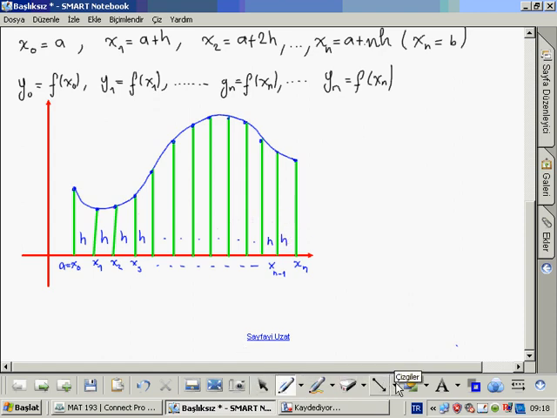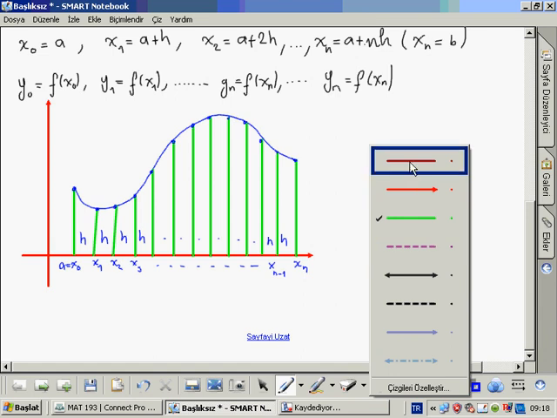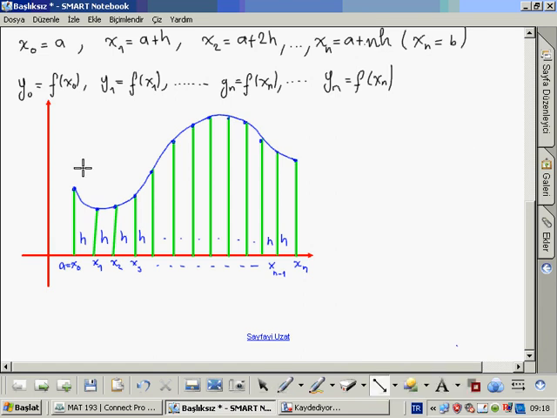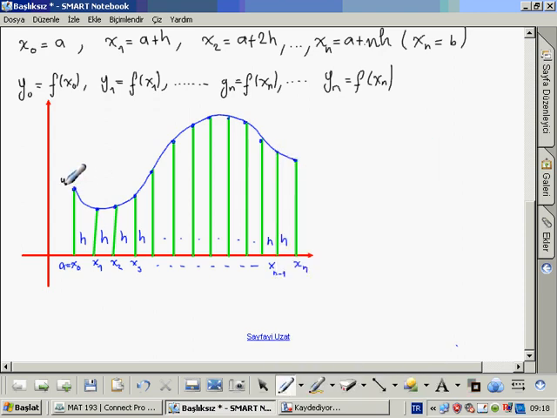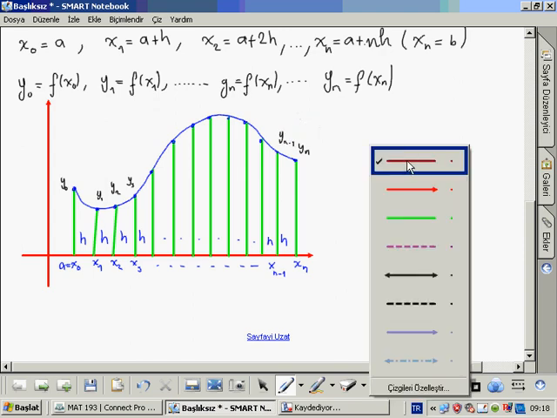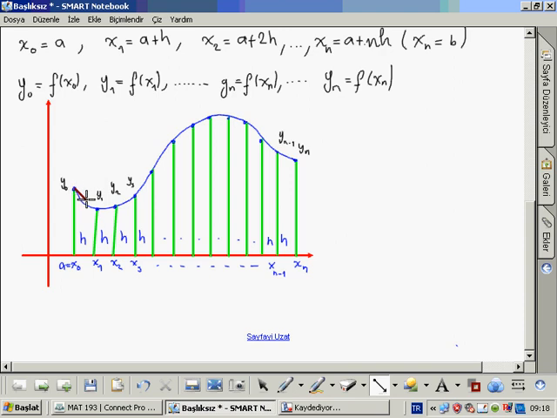When you connect these points, let me write this one is y0, y1, y2, y3, and yn minus 1, yn. Let's connect all of these points by lines.